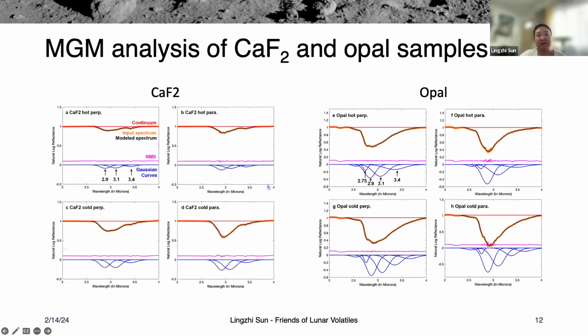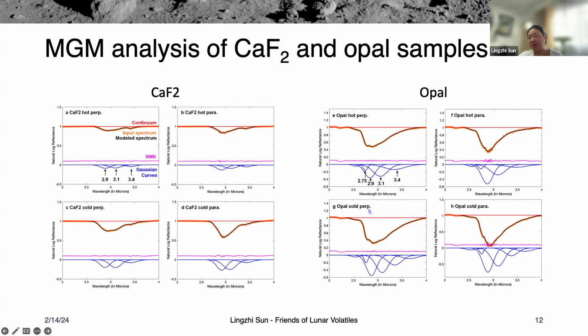Here are some example MGM analysis results for the calcium fluoride and opal samples. Calcium fluoride basically has no 2.75 because there's no silicon. It only has these two water bands. Here are examples for perpendicular hot, perpendicular cold, and parallel hot and cold.